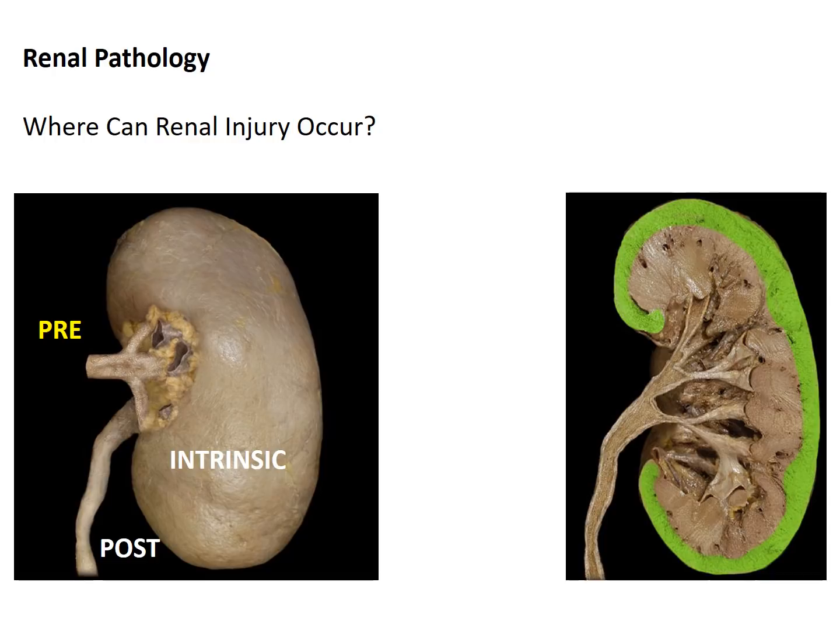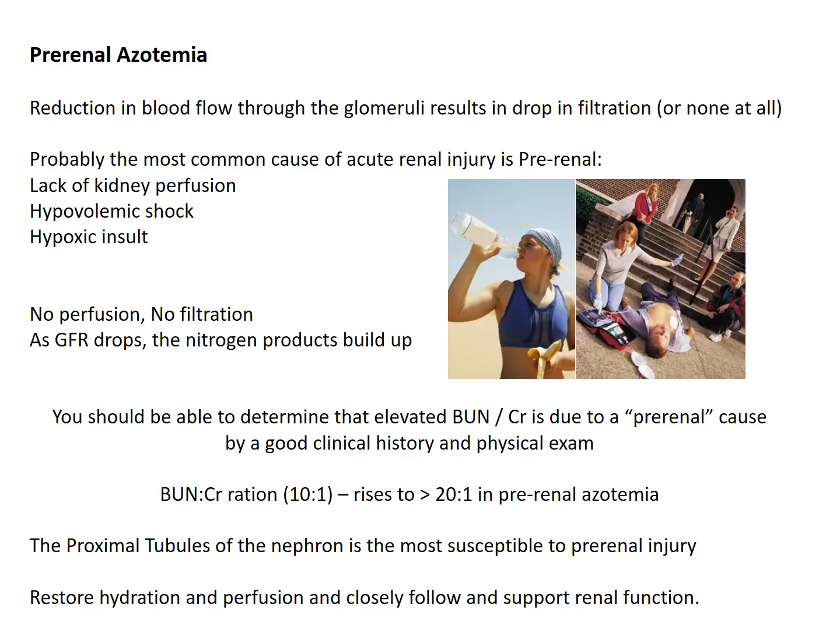All right, we are done with post-obstructive problems. We still have pre and intrinsic to go through, so let's keep pushing on here. Pre-renal azotemia. Let's talk about pre-renal events that can lead to kidney disease.